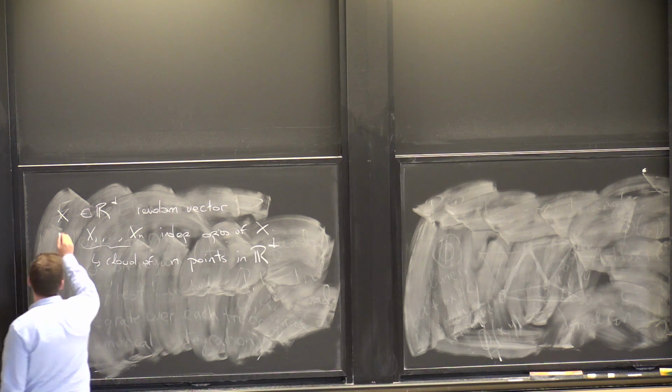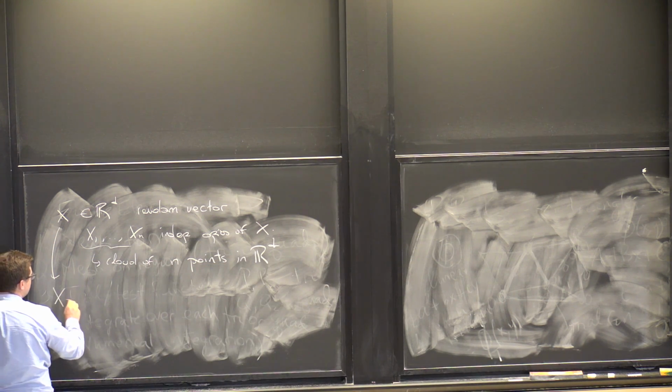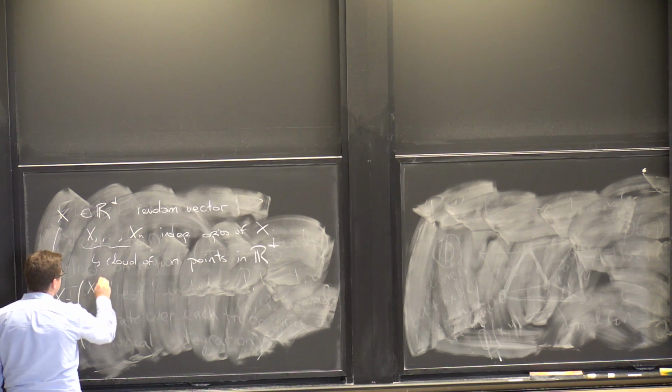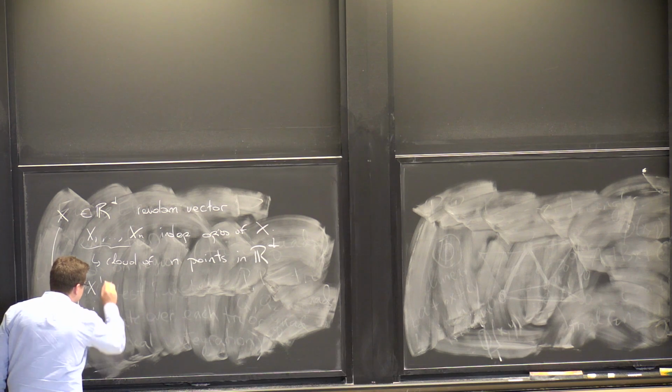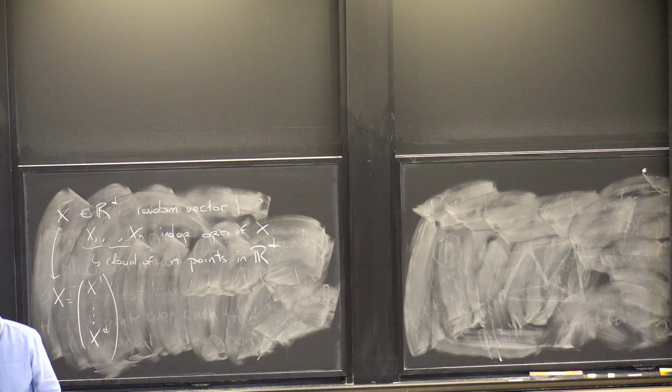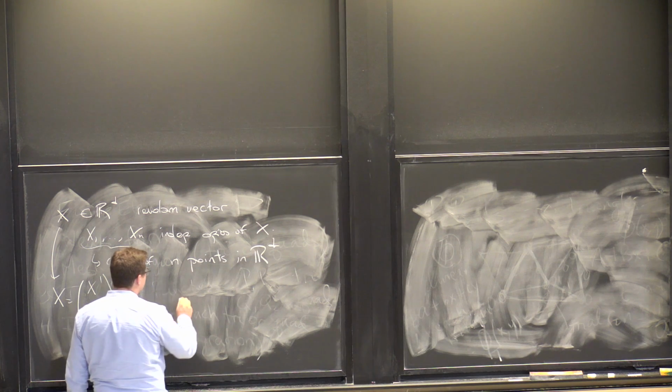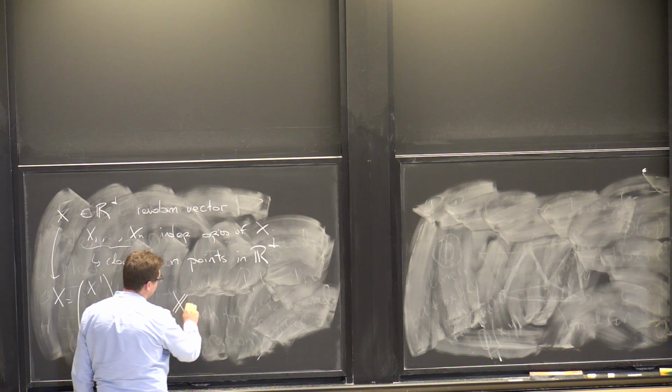All right, so this vector X has d coordinates. I'm going to write them as X^1 to X^d. I'm going to stack them into a matrix. Once I have those, I'm going to have a matrix. Here I'm going to use the double bar.